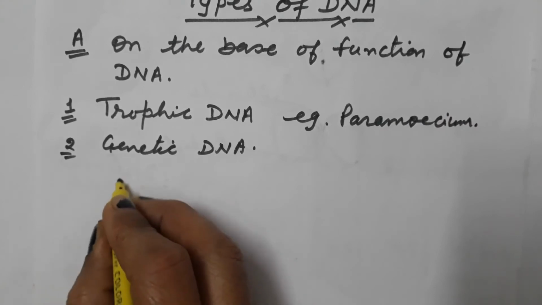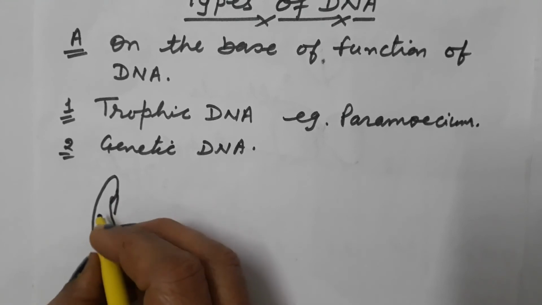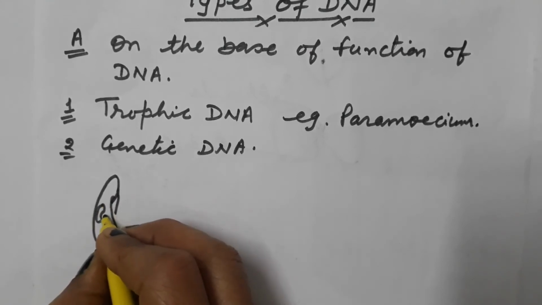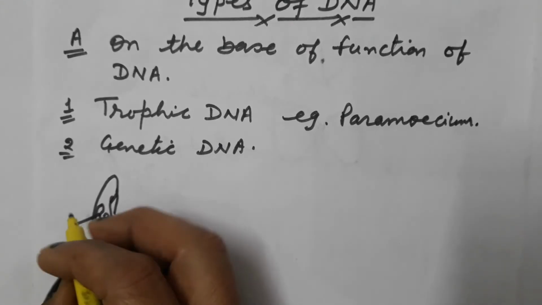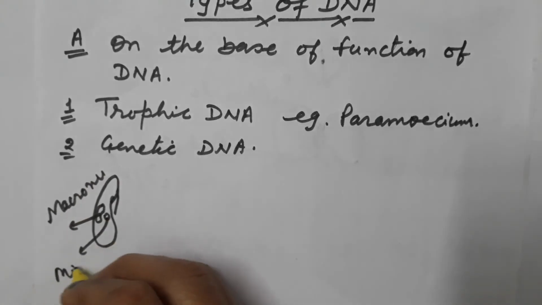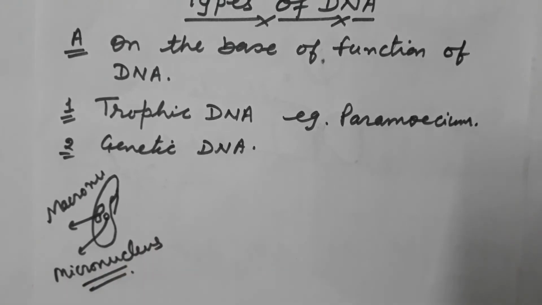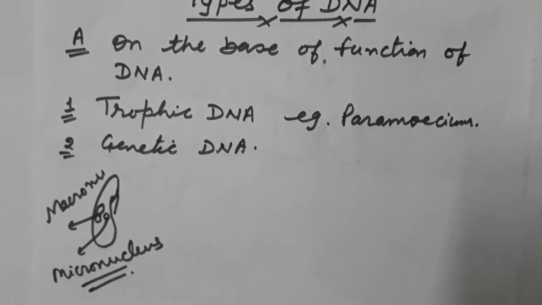What is the diagram of paramecium? The body is slipper-like. What we observe in case of paramecium, there are two types of nucleus, macronucleus and micronucleus. Macronucleus consists of the trophic DNA, which is controlling the entire activities of the paramecium except reproduction, and micronucleus contains genetic DNA which is involved in reproduction.